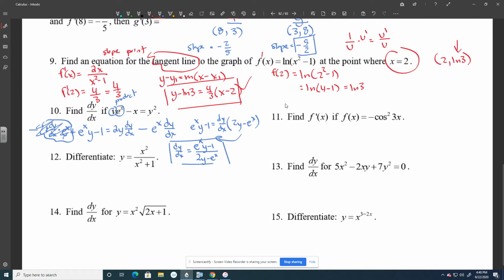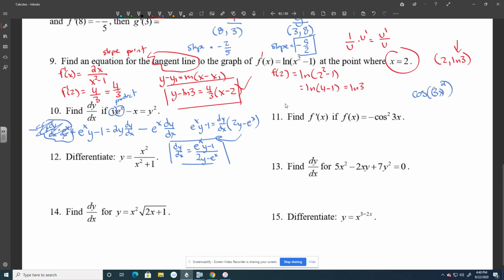Number 11, find f prime of x if f of x equals negative cosine squared 3x. Now be careful. What this cosine squared 3x means is, it doesn't want you to mix it up and think that this is cosine of 3x squared.